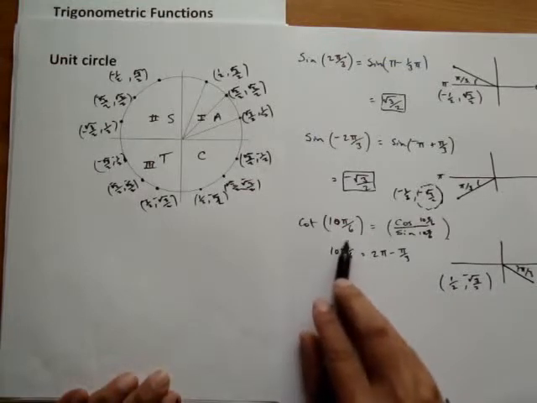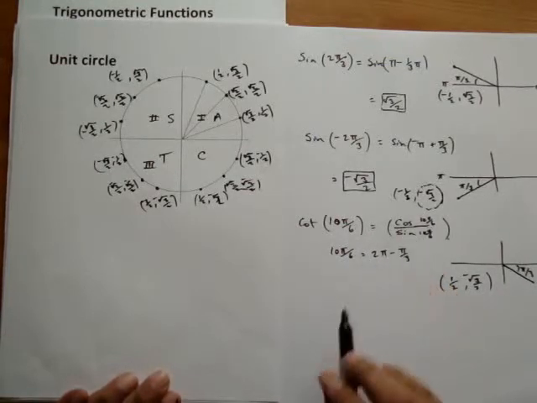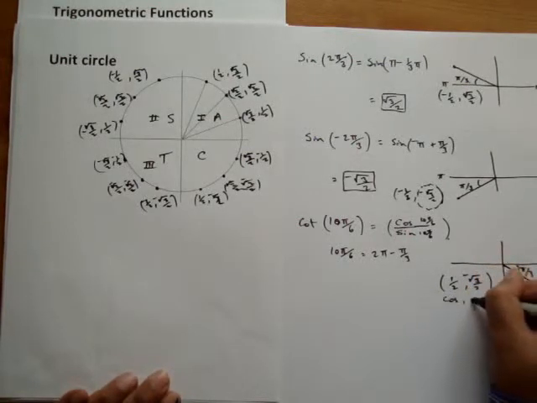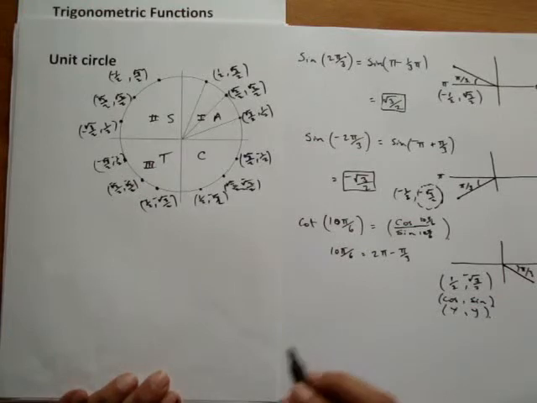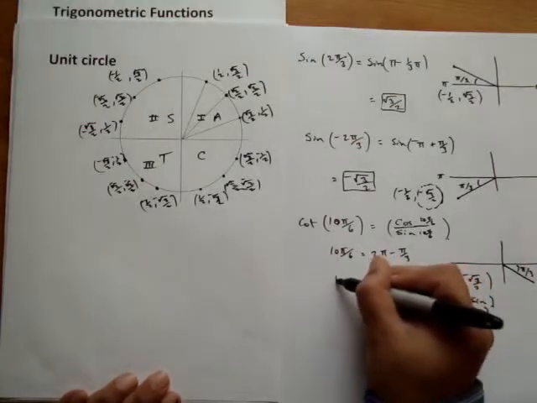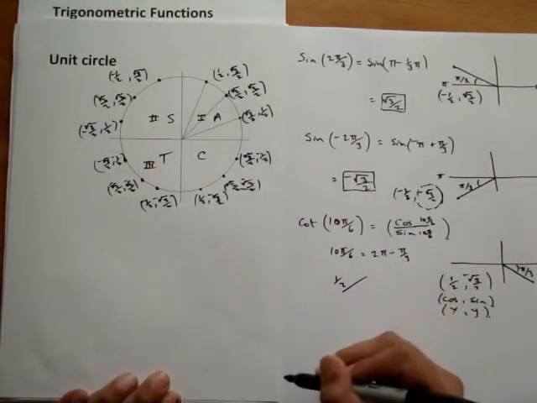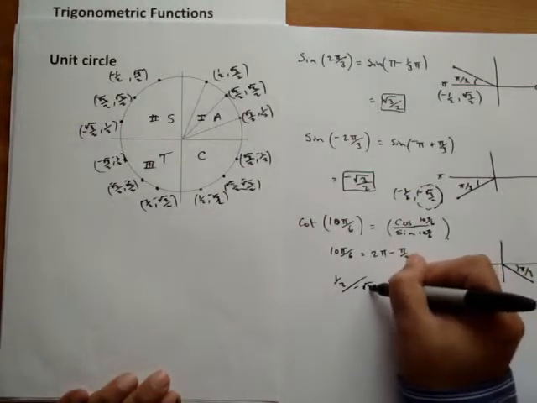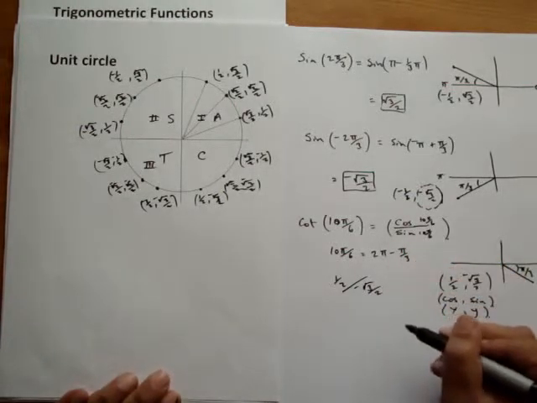So now the cotangent is cos over sine. We know that this is cos, this is sine, x and y. So to work out cotangent, it becomes cos, which is a half, divided by sine, which is minus square root of 3 over 2.